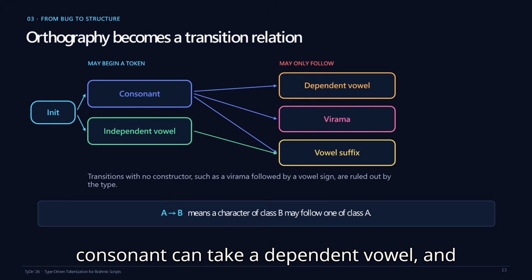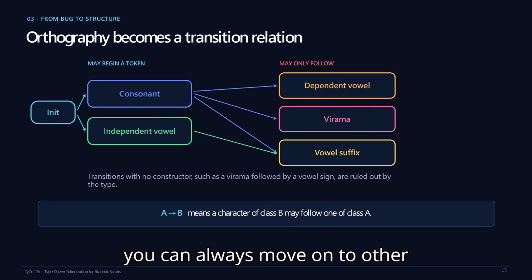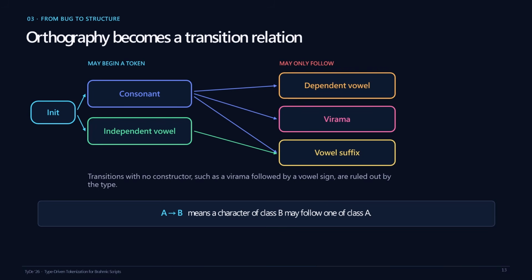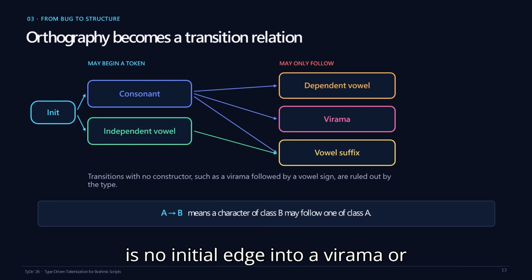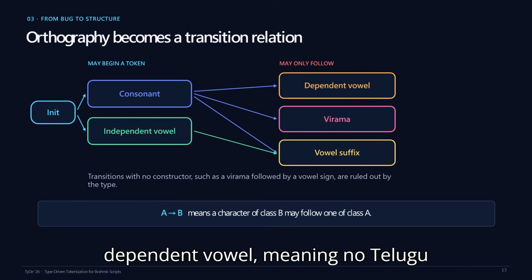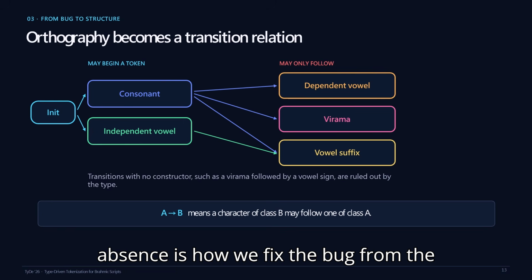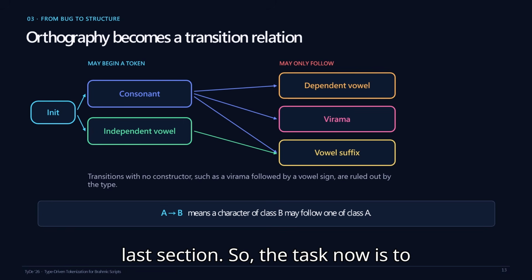A consonant can take a dependent vowel, and you can always move on to other consonants or an independent vowel. And as you can see from the graph, there is no initial edge into a virama or dependent vowel, meaning no Telugu text can start there. That absence is how we fix the bug from the last section.